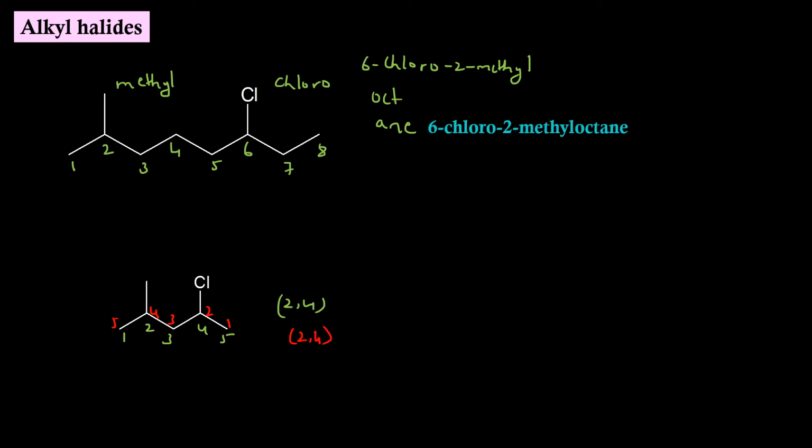In this situation, we have to choose the locant set by considering their alphabetical order. This is methyl, this is chloro. Since chloro comes first in the alphabetical series, we should try to give lowest possible number to chloro. So of these two, 2, 4 marked in red is the appropriate choice. So the IUPAC name will be 2-chloro-4-methylpentane.